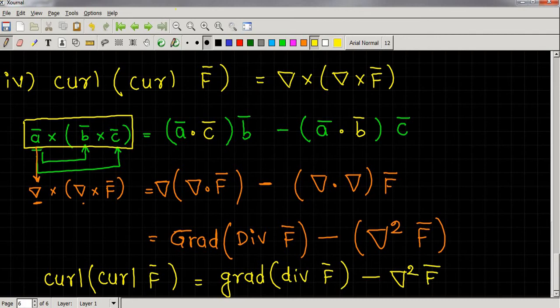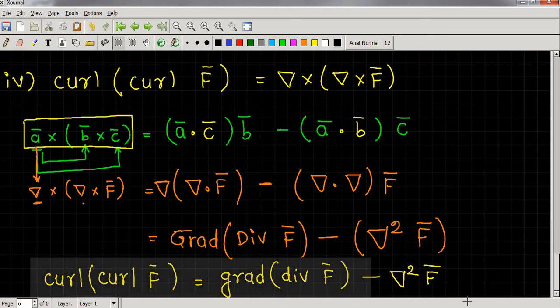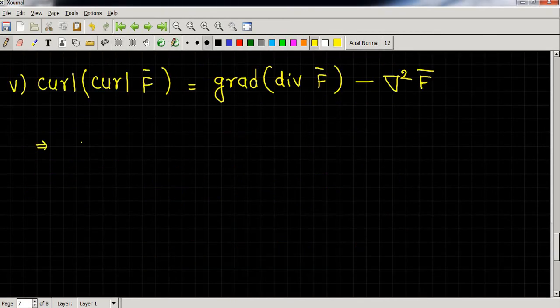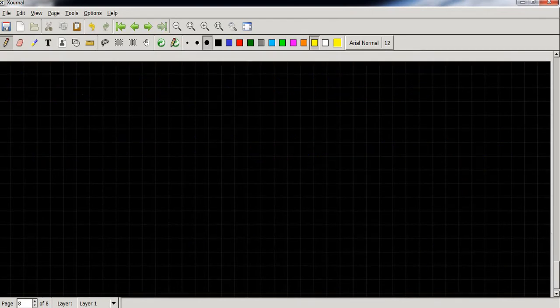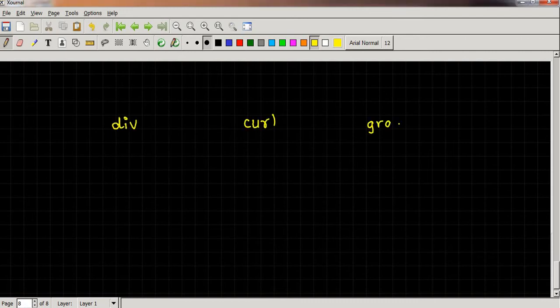Similarly, by the same vector identity, we can derive value for gradient of divergence of f bar. We can generalize that gradient of divergence of f bar is equal to curl of vector point function f bar plus Laplace equation of vector function f bar. So we can complete that diagram. We need to consider divergence, curl and gradient.